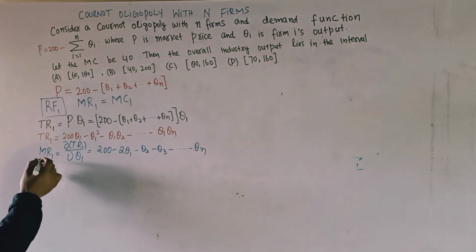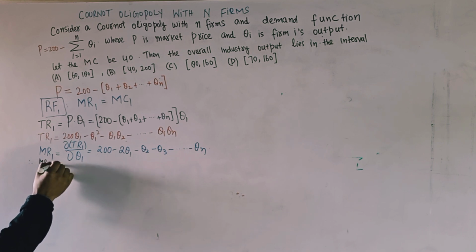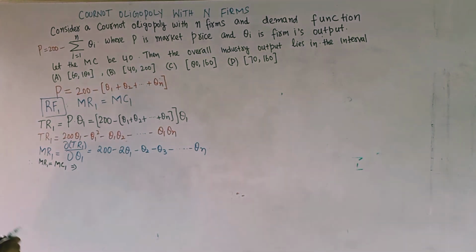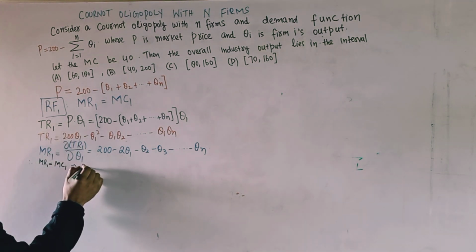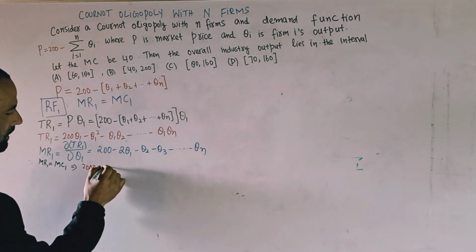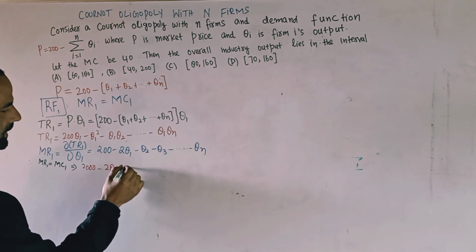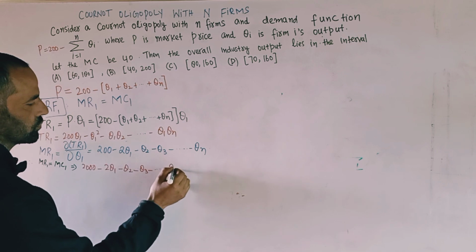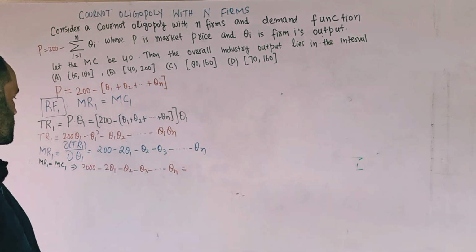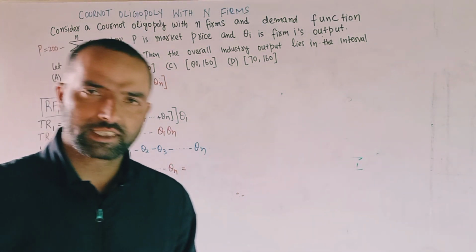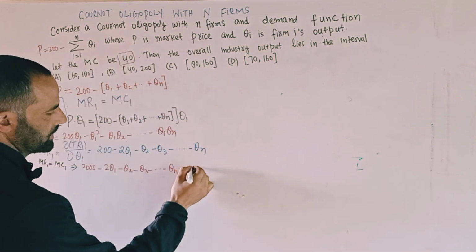So MR1 equals MC1 implies 200 minus twice Q1 minus Q2 minus Q3 minus so on minus Qn should be equal to the marginal cost of firm 1, which is 40. In fact, the marginal cost is the same for each firm here.